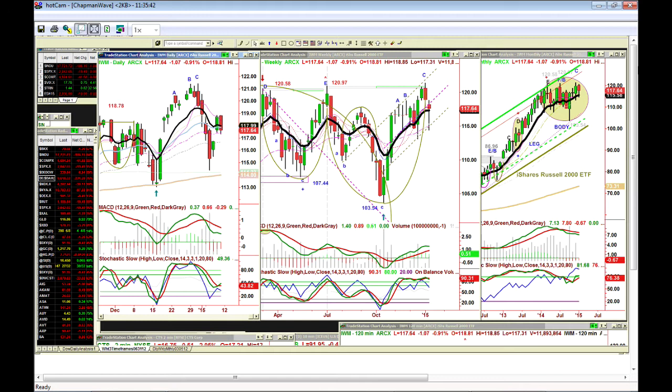Looking at the mix of the sectors in technology, industrials, financial services, consumer cyclical, healthcare, real estate, basic materials, consumer defensive, utilities, energy, communication services, it's the percentage mix that I think failed to allow the Russell to move higher like the Dow and the S&P did, and then come back down.